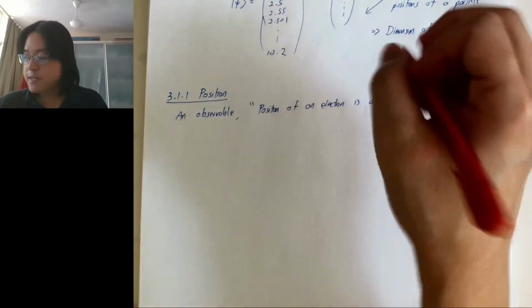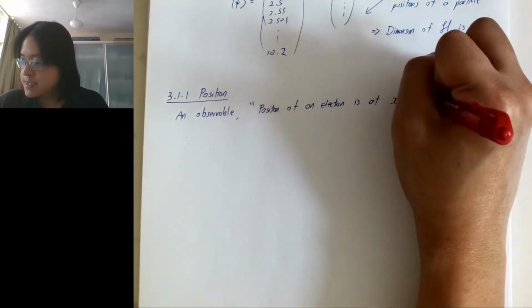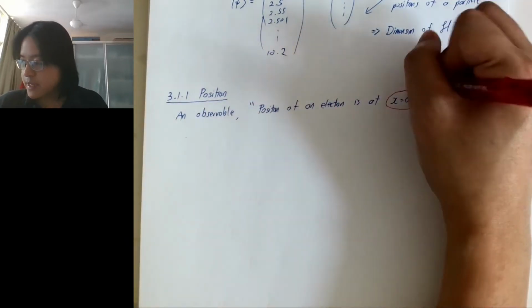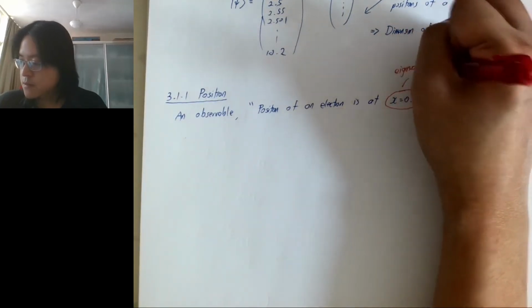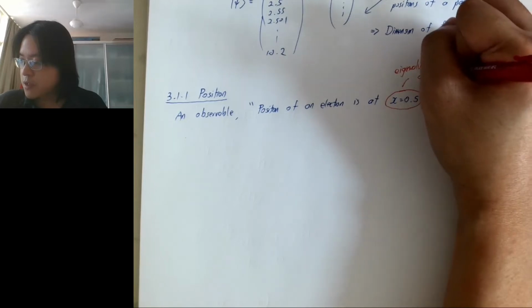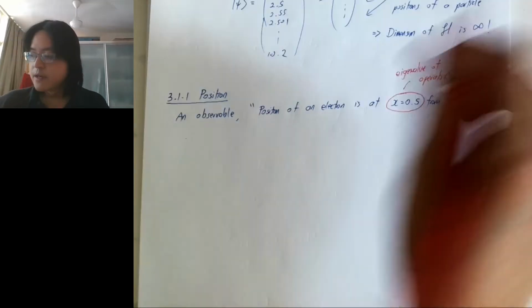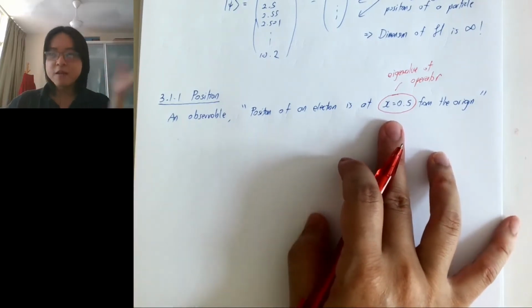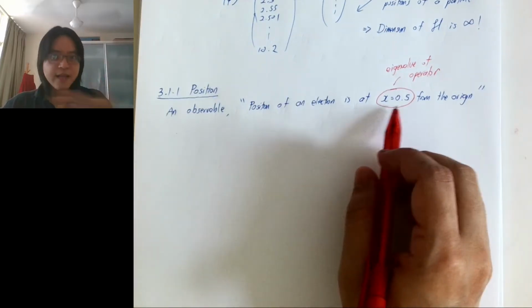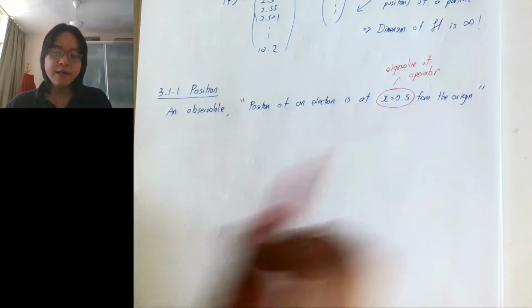And by the postulates of quantum mechanics, the result of your measurement is an eigenvalue of a Hermitian operator, right? So if you are still confused about what it means by the eigenvalue of an operator, it's like statements like this: it is an eigenvalue.